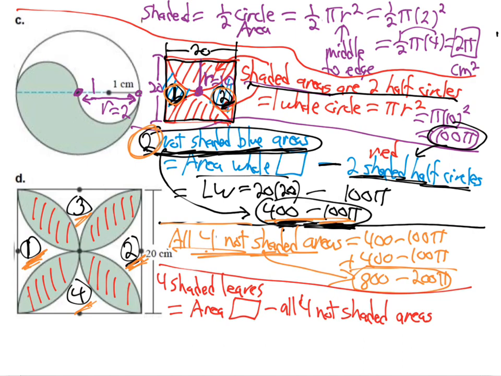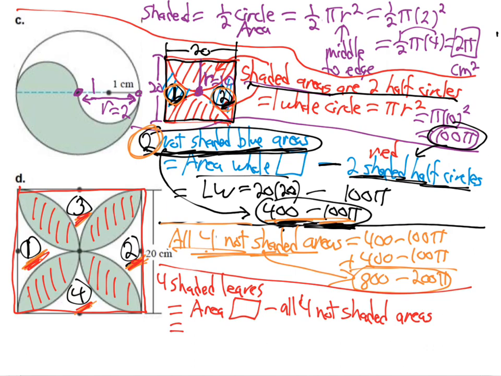It's the whole square, this entire square. Subtract out the 1, 2, 3, and 4 not shaded areas. Take those out, you're left with the four leaves.